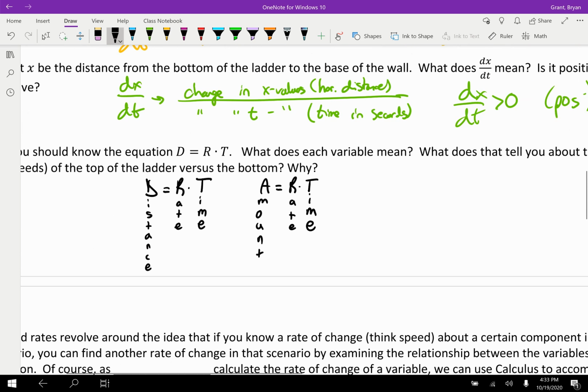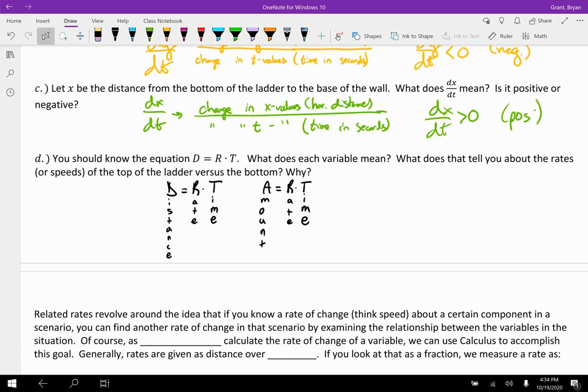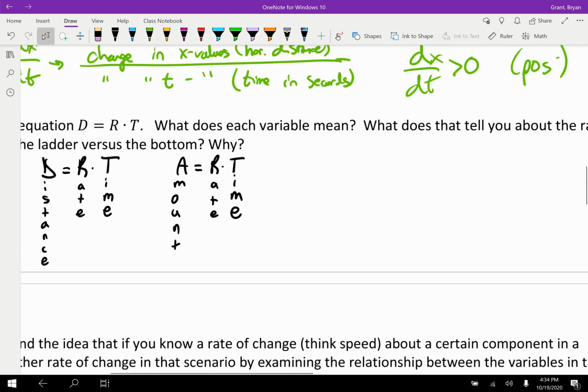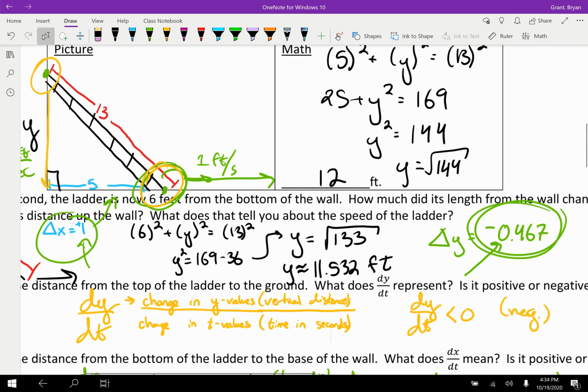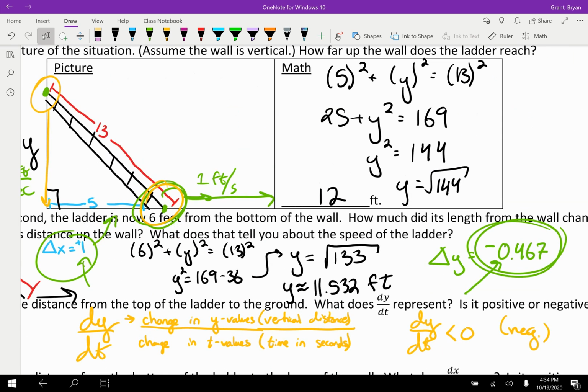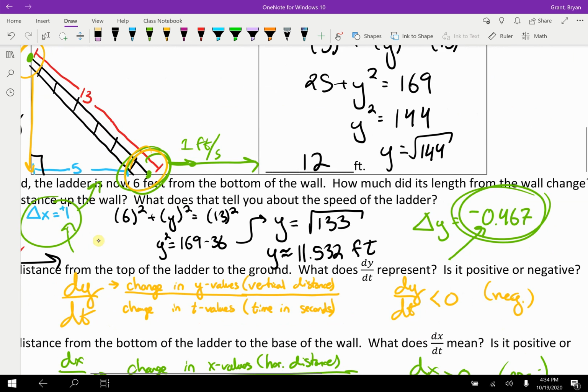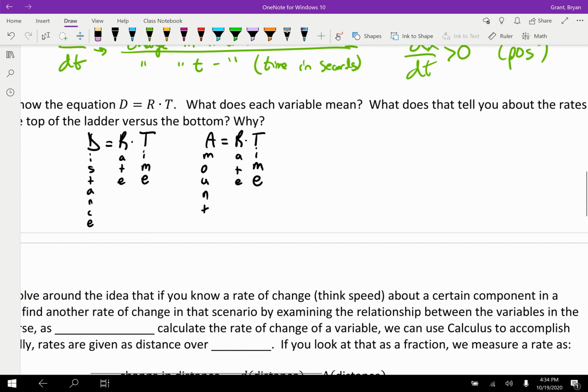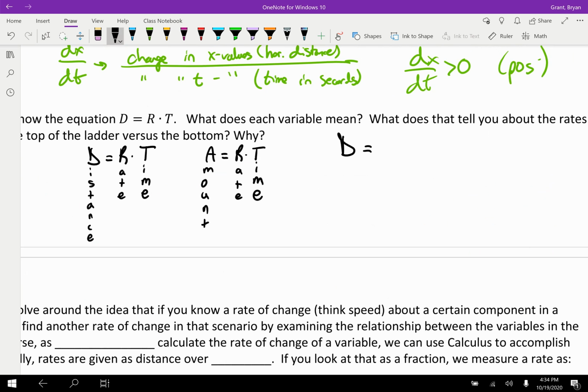But what does that mean about the speeds of the top of the ladder versus the bottom? Well, let's just look at one of them. Let's look at this x value, 1, right here. So we had a distance traveled. How far did the ladder at the bottom travel? It traveled 1 foot.